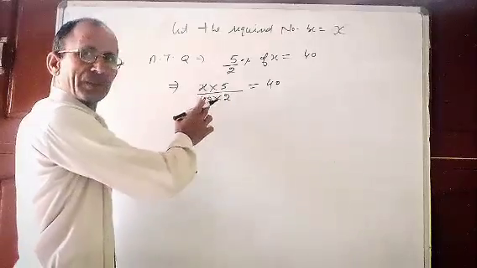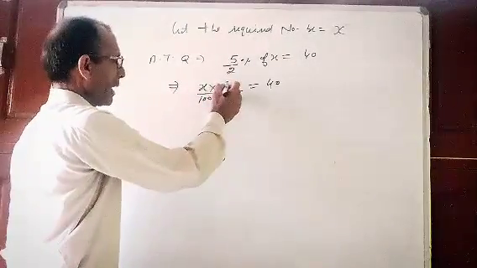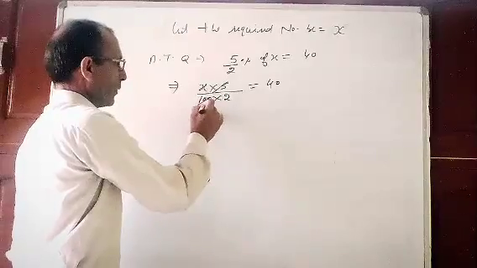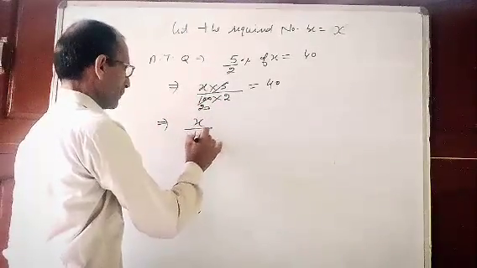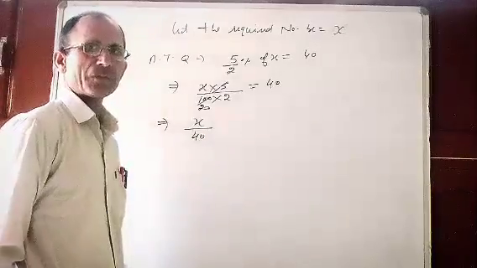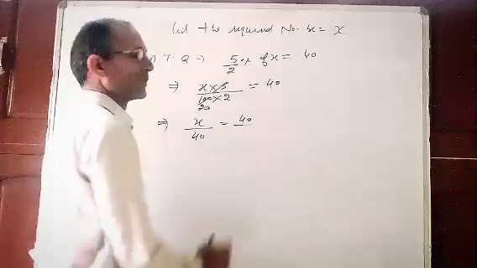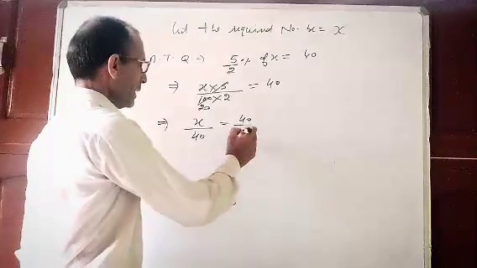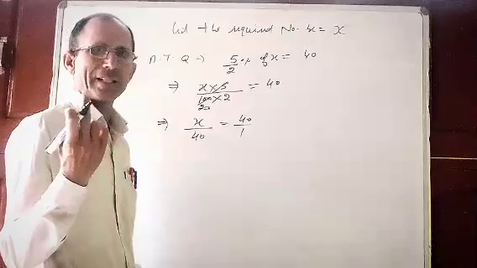You can reduce it, you can cancel, or directly multiply. So I will simplify it. So it will be x by 40 is equal to 40. You can write 1 as the denominator because every number has 1 as a denominator.